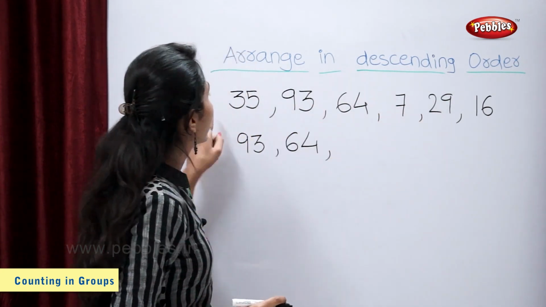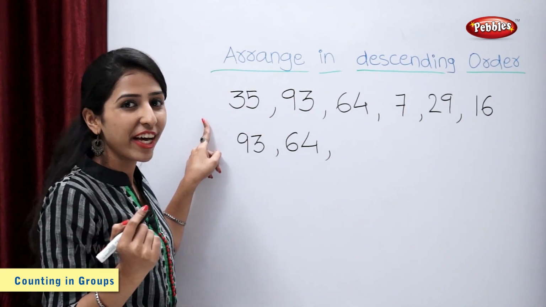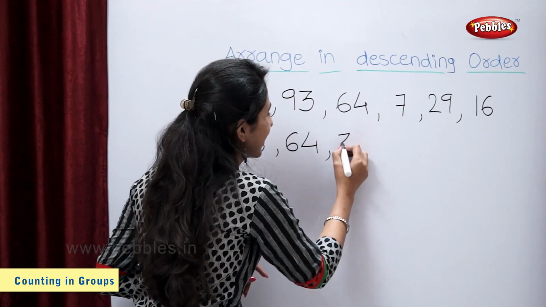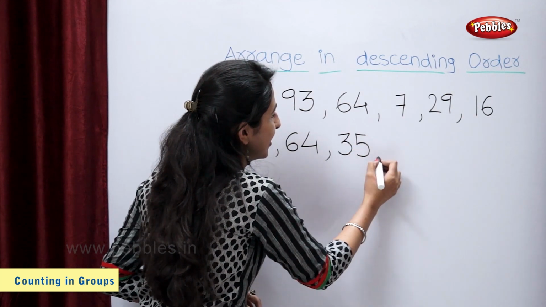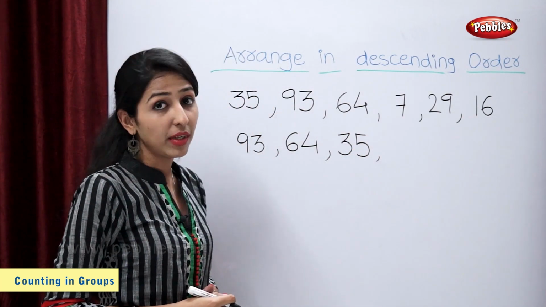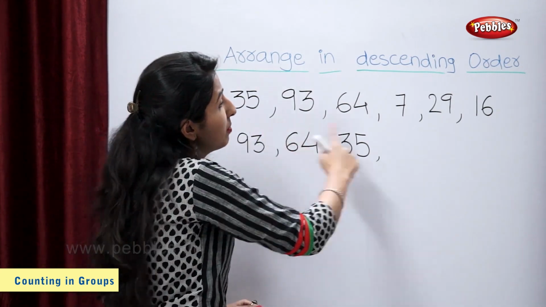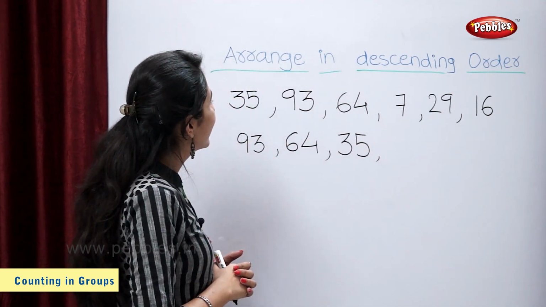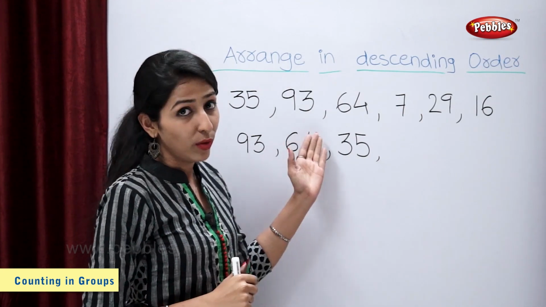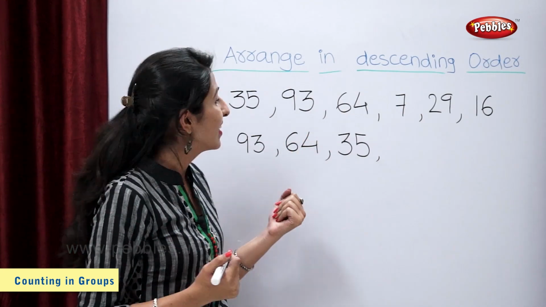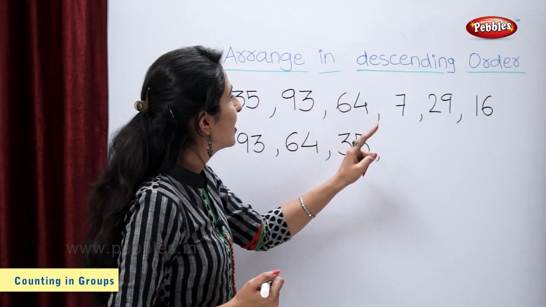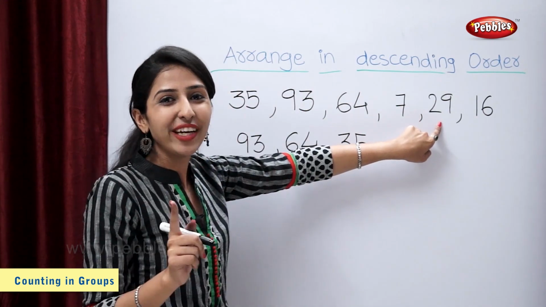Number 35. Tell me students, which number will come after number 35 from these numbers? Look at the board and tell me. Number 29.